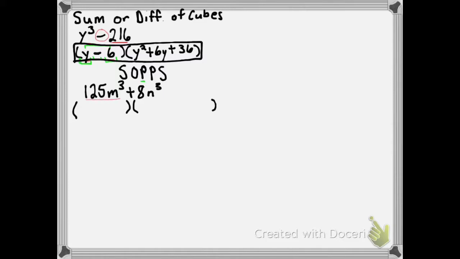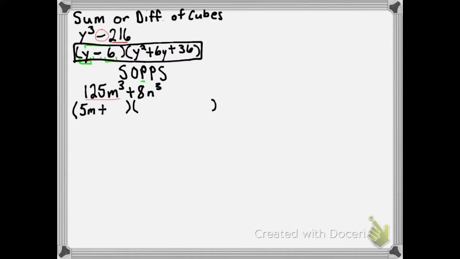So our first term in our binomial is whatever will multiply times itself 3 times to give us the 125m cubed. And so notice it's not just m. In this case, what multiplies to give us the 125 is 5m times 5m times 5m. Now, our sign is still whatever the original sign is in the problem, which in this case is plus.